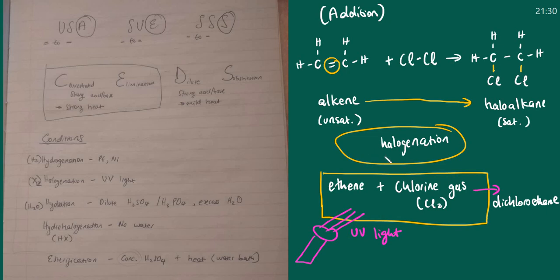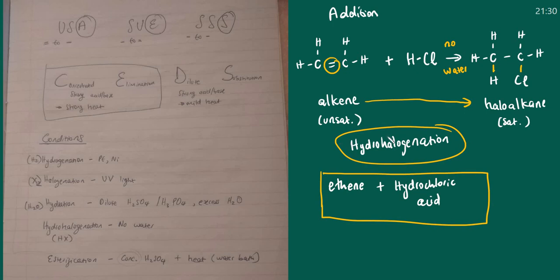So this type of addition reaction, we call it a halogenation because you're adding a halogen. So you're going to form a haloalkane, right? But you need to have UV light inside for that to occur, right? And then now let's say you don't add a chlorine.